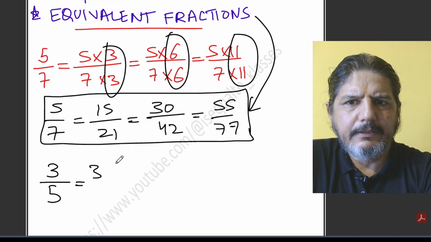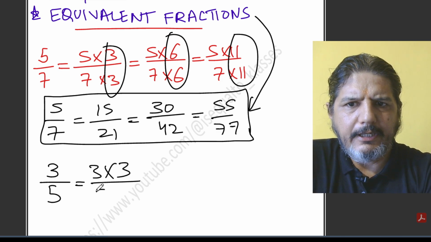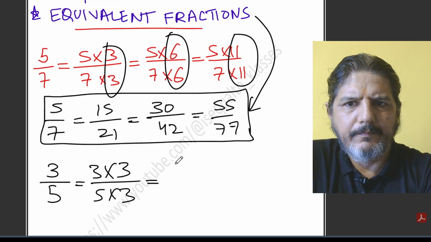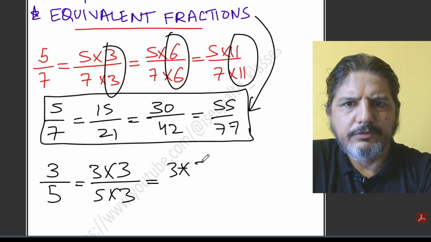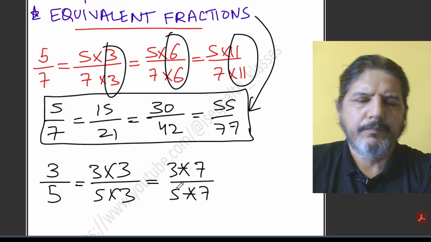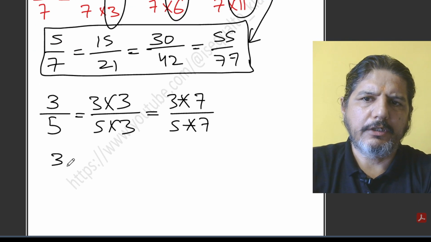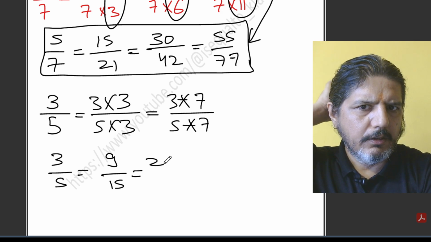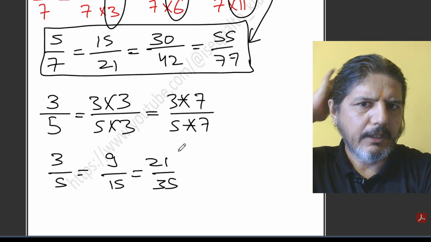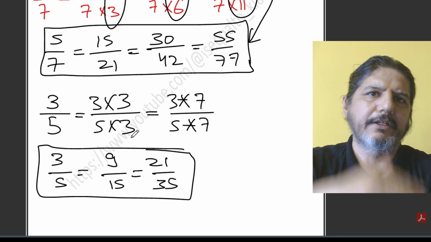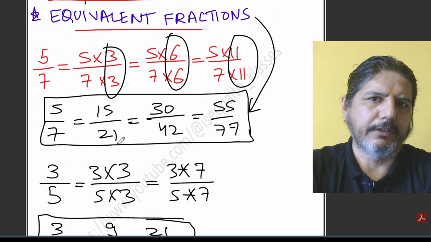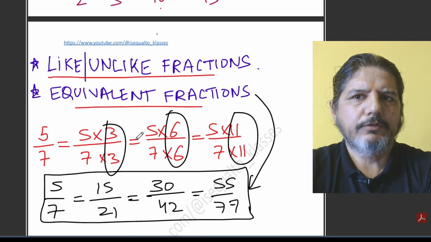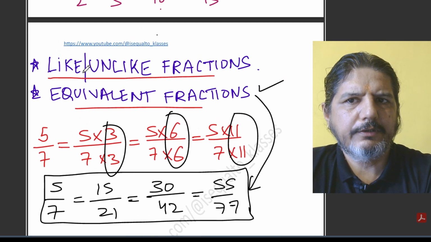You can multiply the numerator and denominator by the same number: 3 into 7, 5 into 7. So these fractions, 3 by 5, 9 by 15, 21 by 35, are called equivalent fractions.